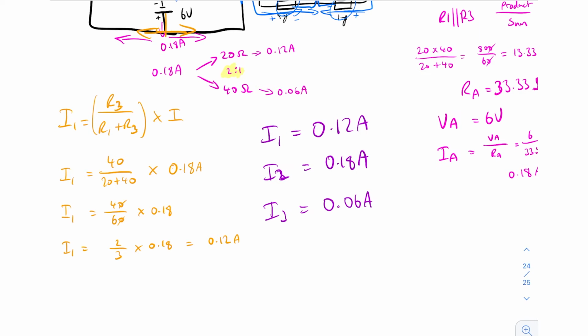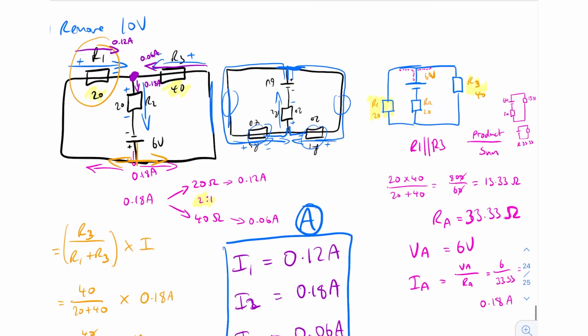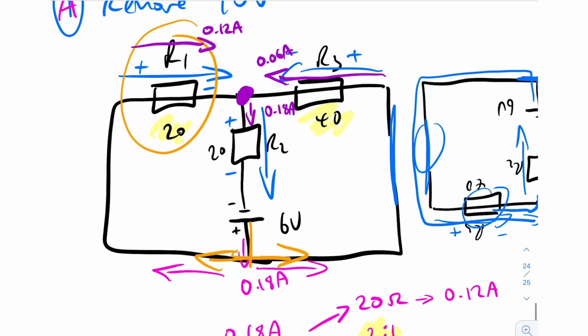And so the only thing now to remember is that here these I values are for circuit A, right? With this circuit here where we've removed the 10-volt voltage source that was there.